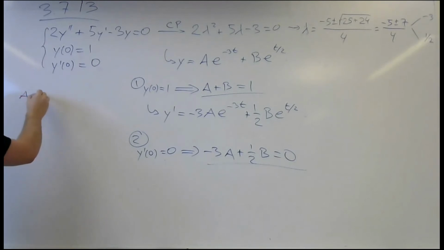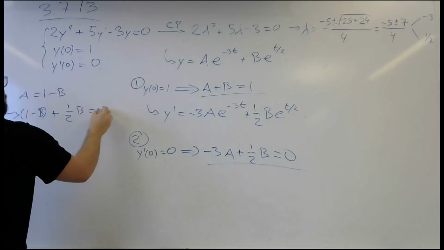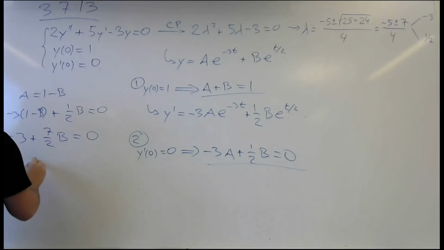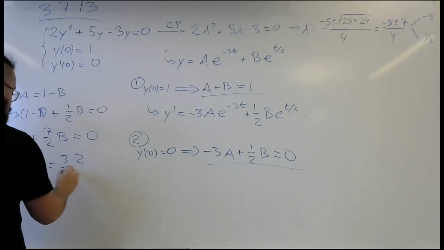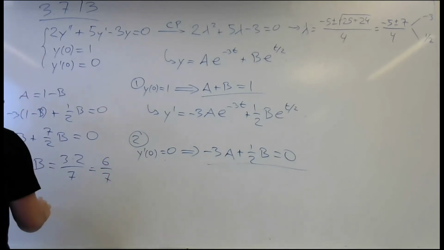We have a equals 1 minus b, so minus 3 times (1 minus b) plus 1/2 of b equals 0. This is minus 3 plus 3b plus 1/2 of b, that's 7/2 of b equals 3. So b is 3 times 2 divided by 7, which is 6/7.